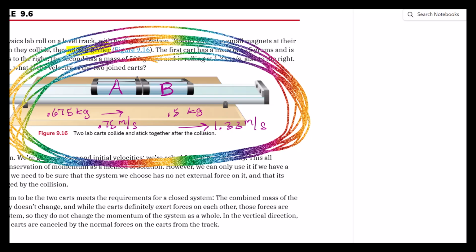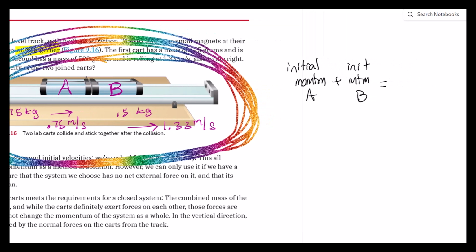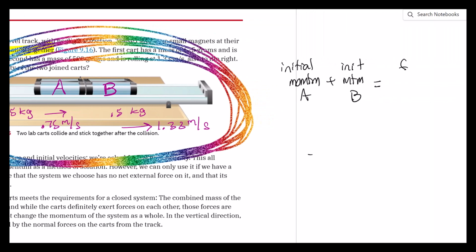So we have the initial momentum of A plus the initial momentum of B equals the final momentum of the A plus B combo car.